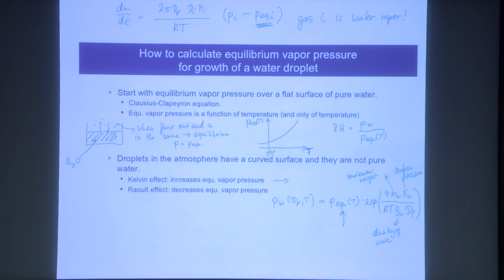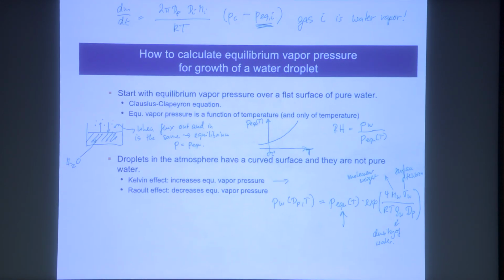And so this is why the aerosols really help, because they provide a surface already. And so you get a little head start, and you don't need such a high vapor pressure to get going. Okay, and so the other thing that happens here is that the Kelvin effect increases the equilibrium vapor pressure that you need in this way.